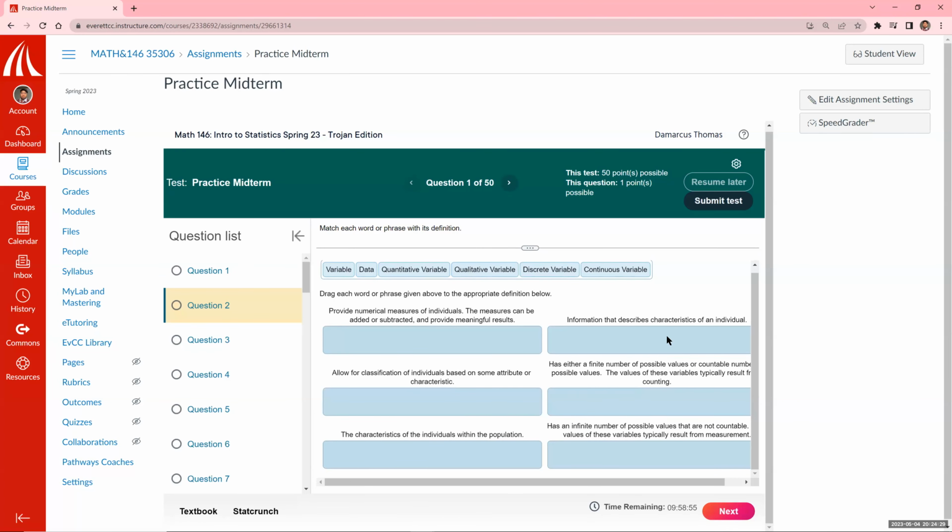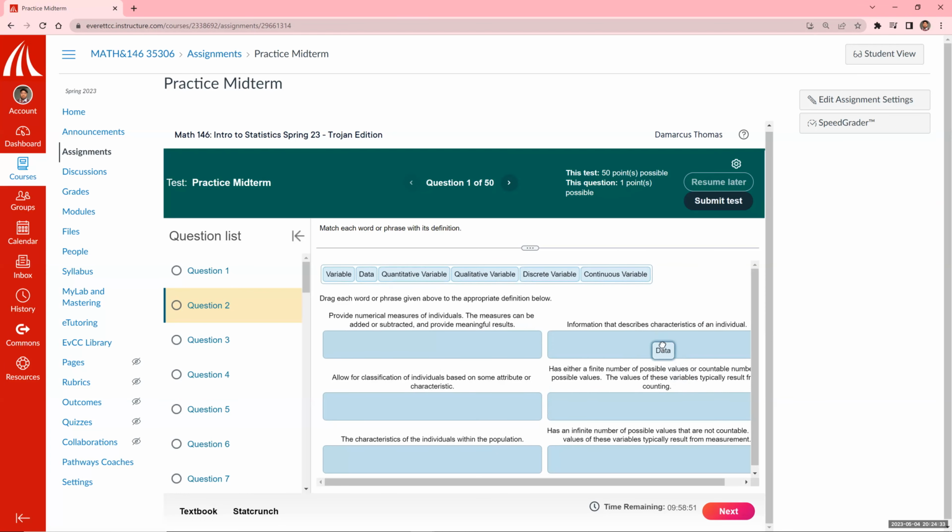And that really sounds like the definition of what data is. I'm going to put it there. Allow classification of individuals based on some attributes. Qualitative. Has either a finite number of possible values or a countable. That would be a discrete variable.